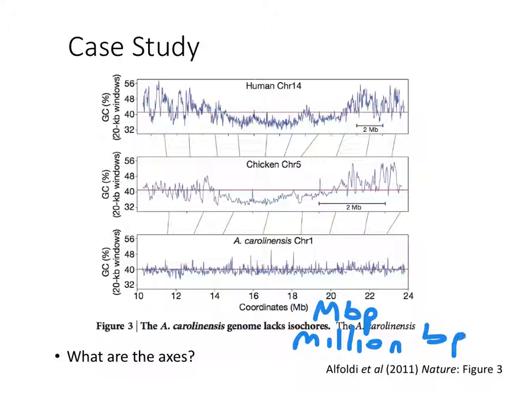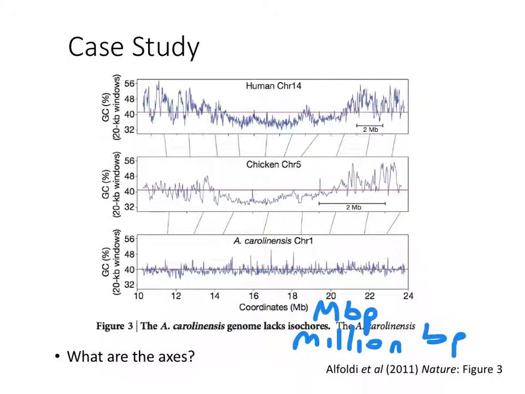That's because, as we talked about last time, chromosomes are so huge that it doesn't make sense to plot just base pairs. You'd put 24 followed by 6 zeros, and then when you put the numbers next to each other on the graph, they'd all just be running into each other. So we just compress the numbers by measuring in millions of base pairs. So how long is this chromosome?